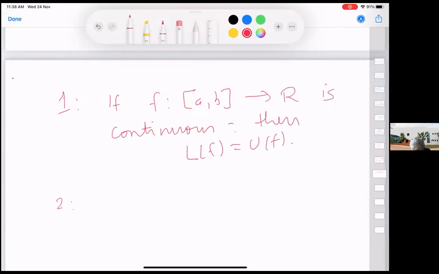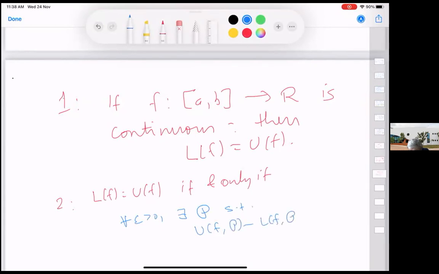Number two, one partition at which LFP and UFP differ by less than epsilon.